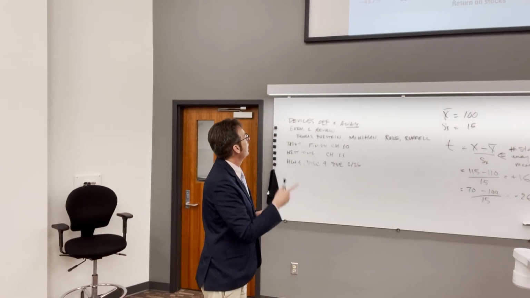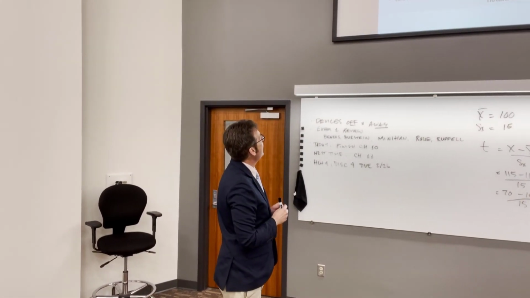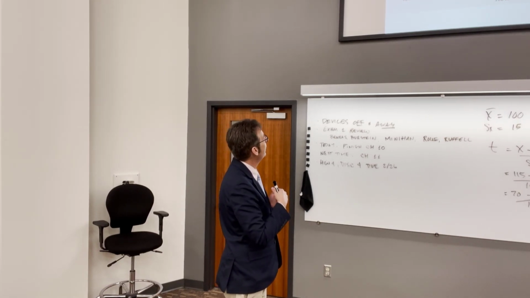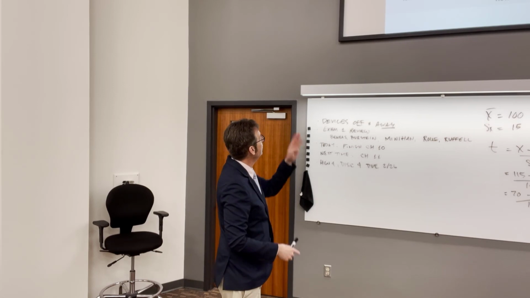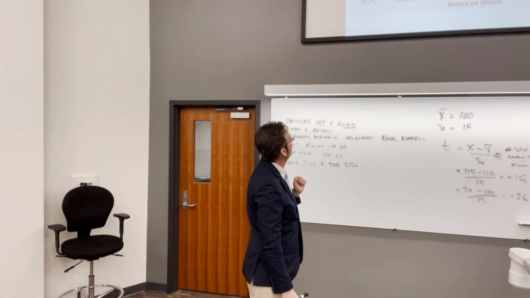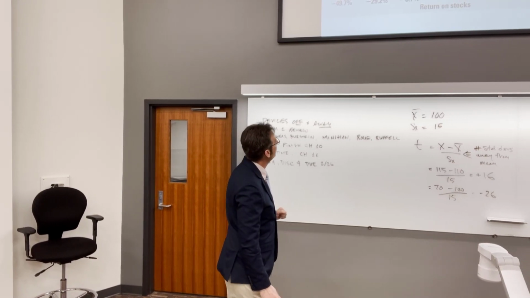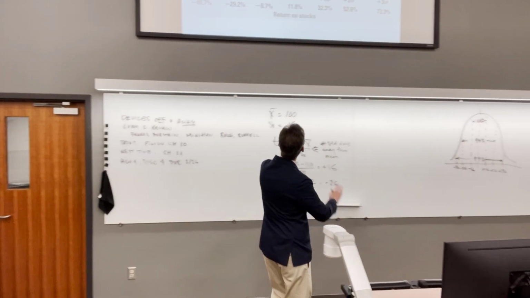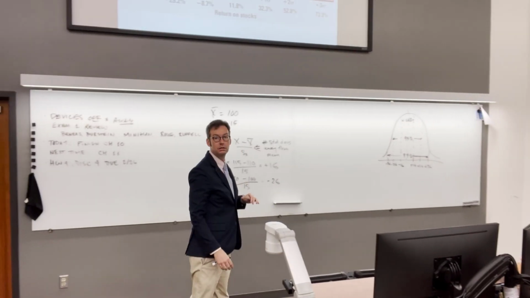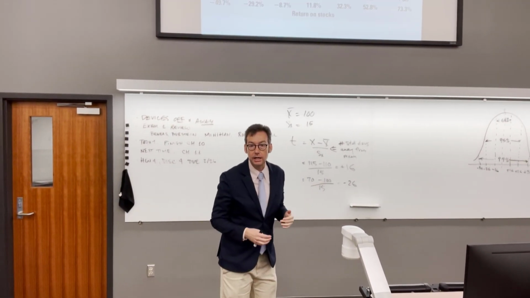Okay, so if I ask what's the percentage of the population that has an IQ higher than 70, we know we're talking about down here at minus 2 standard deviations, and we know a couple of things. Number one, what is the proportion of the people that are at the mean or higher? It's 50%, right?